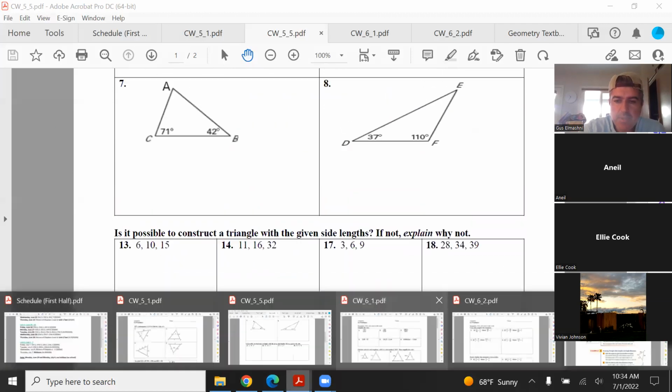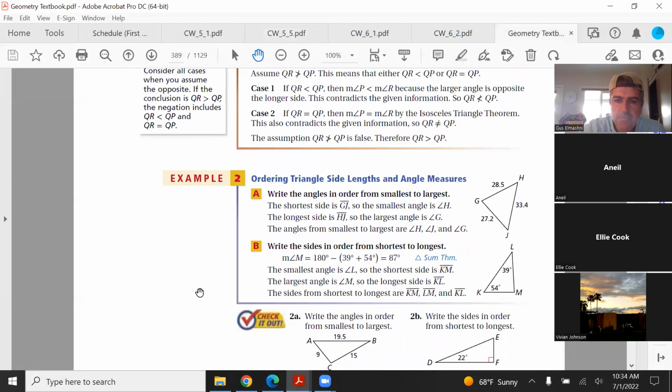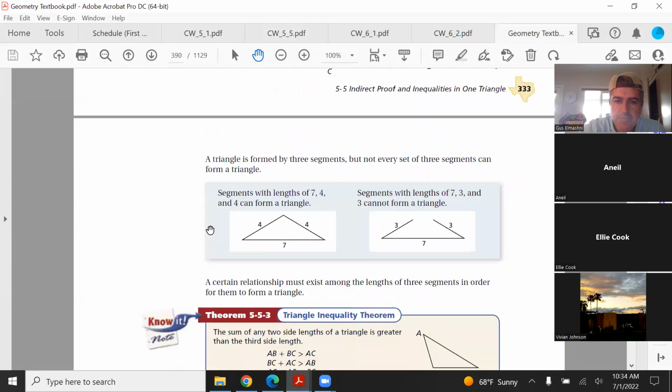Let's go back to the textbook again. This is called the triangle inequality theorem.